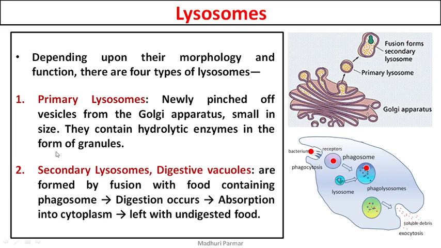Then comes secondary lysosomes, which are also called digestive vacuoles. They are formed when the phagosome forms. Again, just focus here on the diagram. You have a bacteria, and this bacteria is being taken in by receptor mediated endocytosis or phagocytosis.